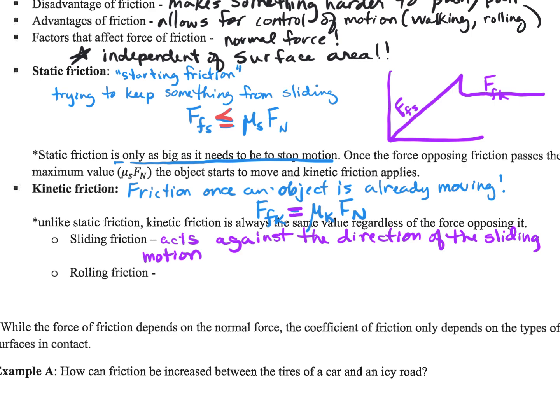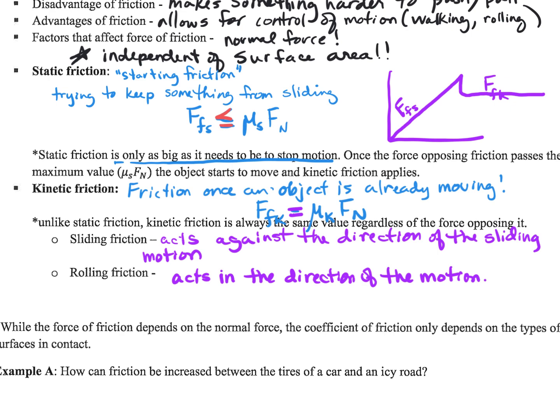And then rolling friction, in the direction of the motion.